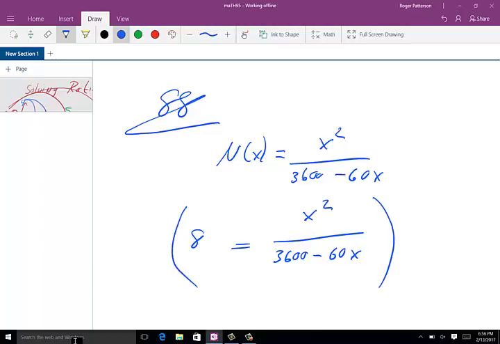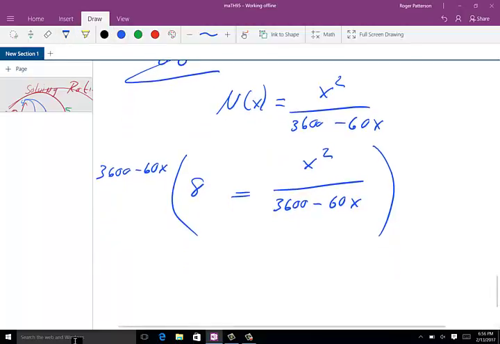Okay, so we're going to multiply everything by 3600 minus 60x. All right, that sounds like a good idea. So we're going to get something like this. What are we going to get on the right side? What are we going to get on the other side over here? X squared. Good.